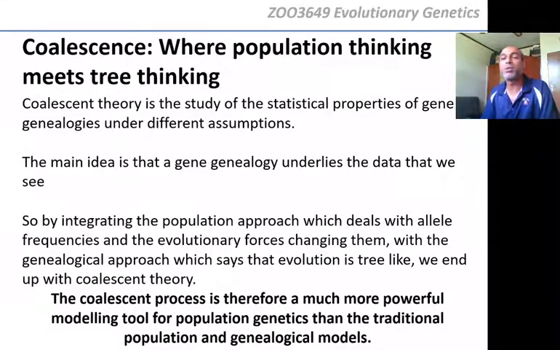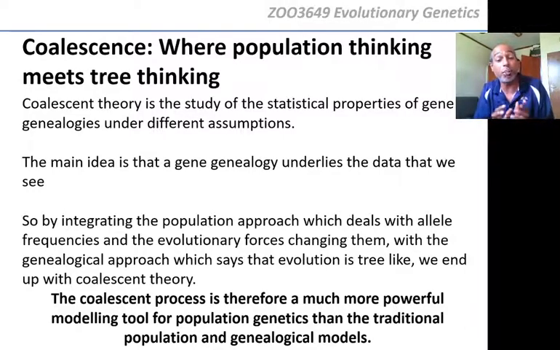And this coalescent process is a much more powerful tool for modeling the genetics of a population than traditional population or traditional genealogical methods. By traditional population methods, I mean looking at a Wright-Fisher population going forward.